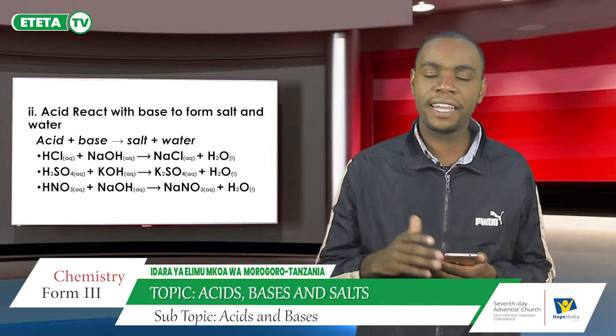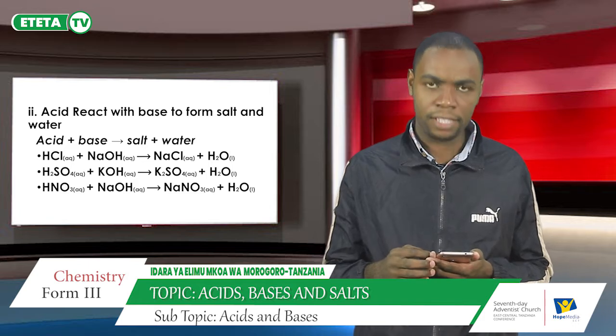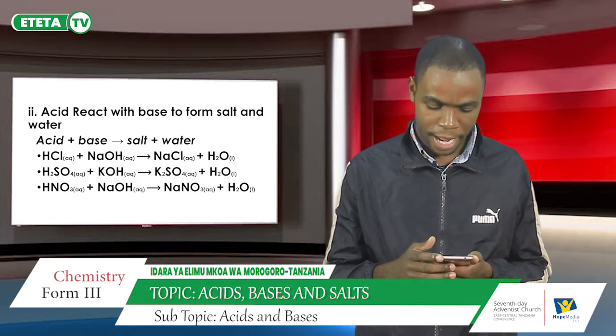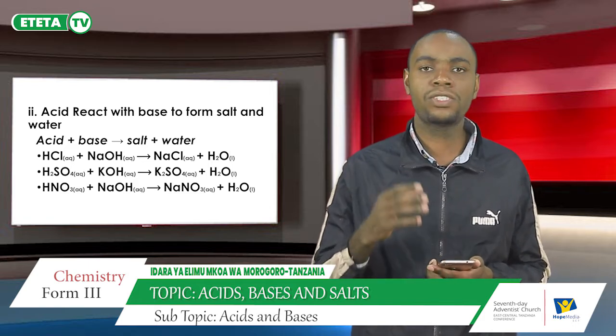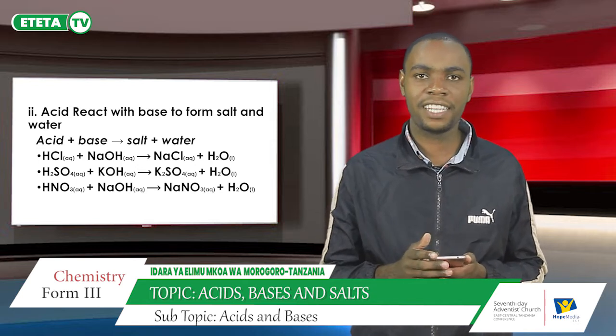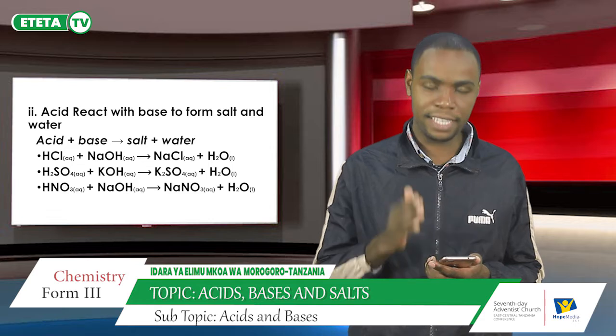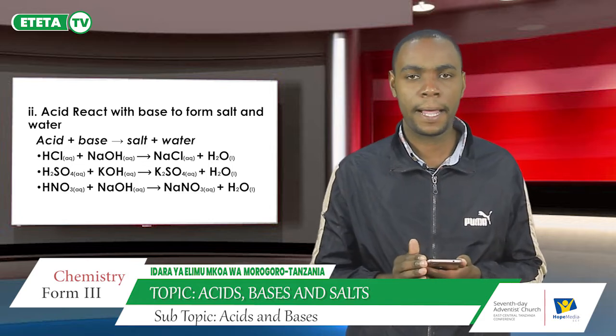Another example is the reaction between nitric acid and sodium hydroxide. The product produced there is sodium nitrate and water. So this is the reaction between acid and base, and the product is salt and water.